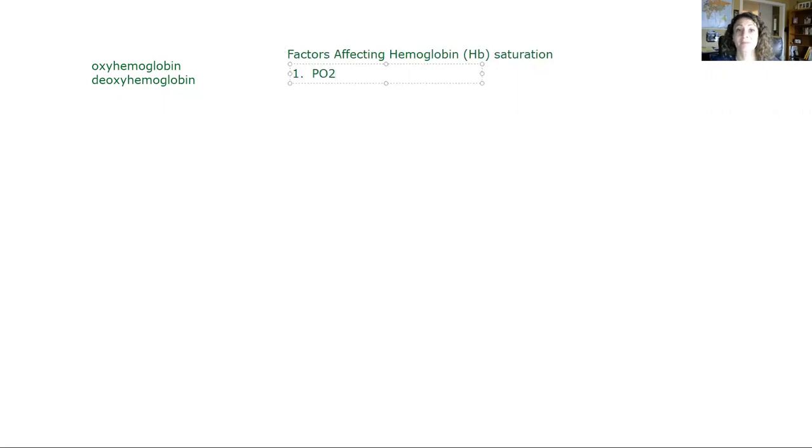Remember what that means. If PO2 is high, that means there's a lot of oxygen present. If PO2 is low, it means there's not a lot of oxygen present. So a low partial pressure of oxygen will cause low hemoglobin saturation.